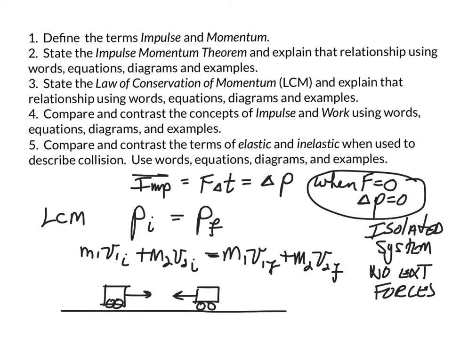The momentum of each of these is going to change, but what we've seen is that this is going to undergo a negative change in momentum, which is equal and opposite to the positive change. So whatever the initial momentum is, it will be equal to the final momentum because we can consider this an isolated system.